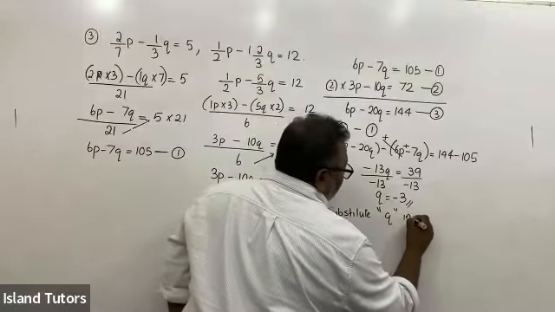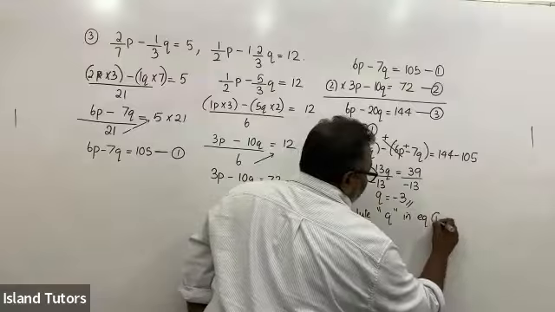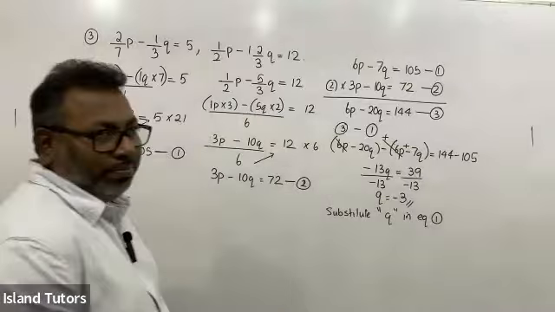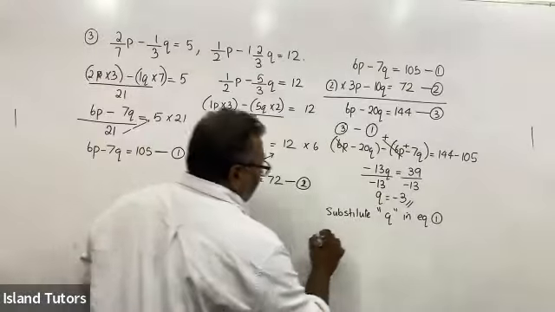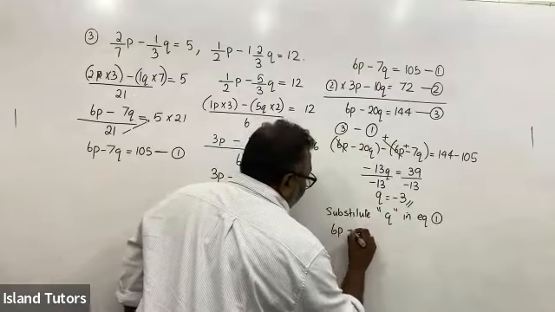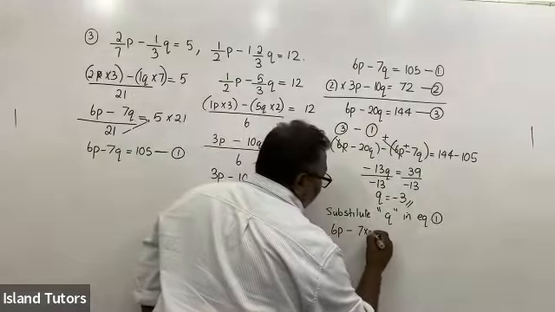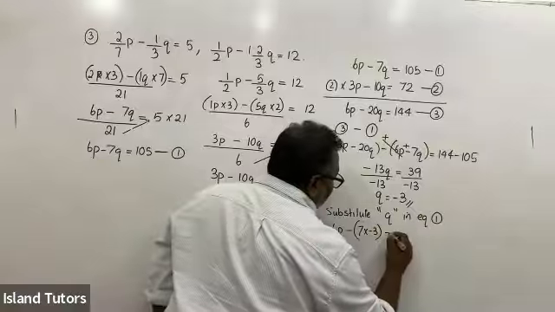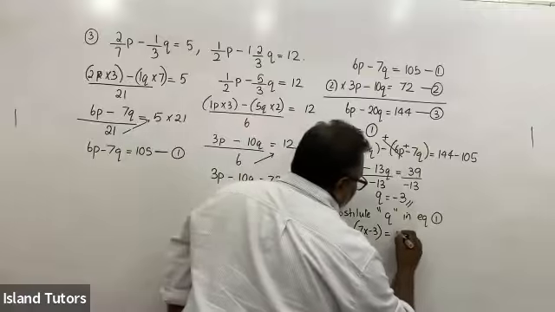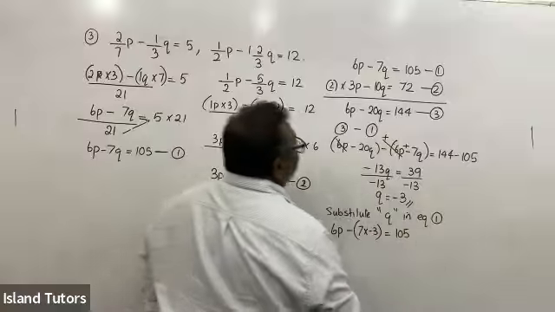So 6P minus 7Q, that is 7 into minus 3, is equal to 105.